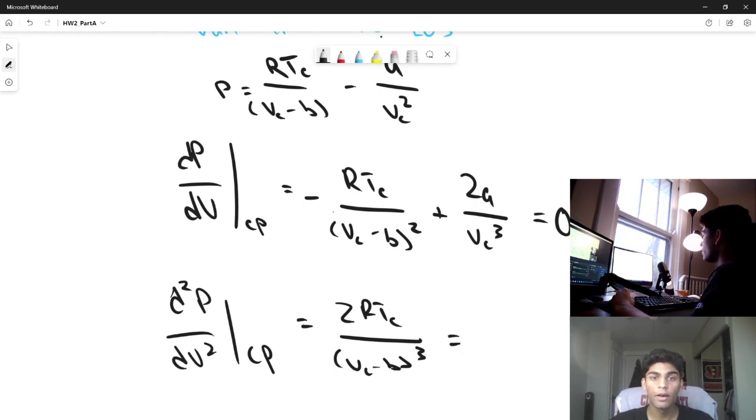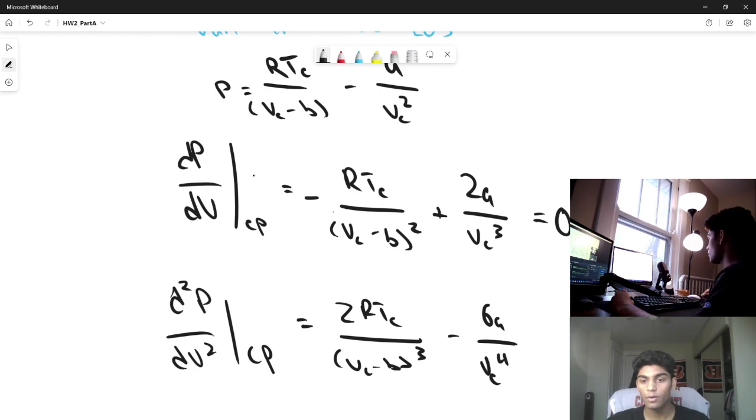Now we're just going to have a negative now, and it's going to be 3 times 2 is 6A over Vc to the 4th. And remember, the second derivative is also going to be equal to 0. We have an inflection point there. So now we have these two equations here. All we have to do is set them equal to each other and solve for our coefficients.